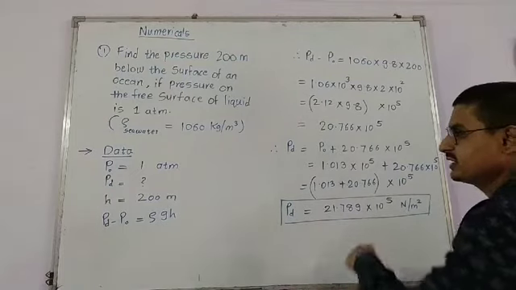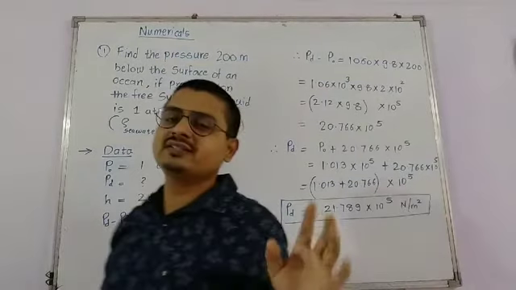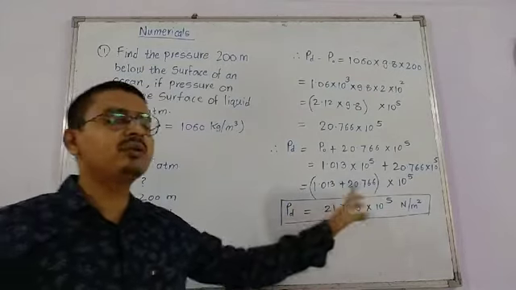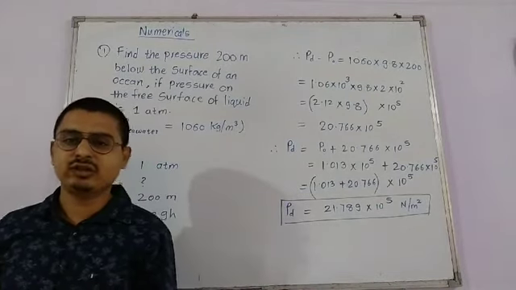So on addition we get 21.789 into 10 power 5 Newton per meter square.